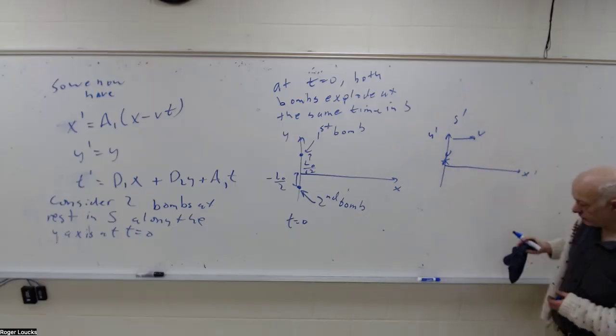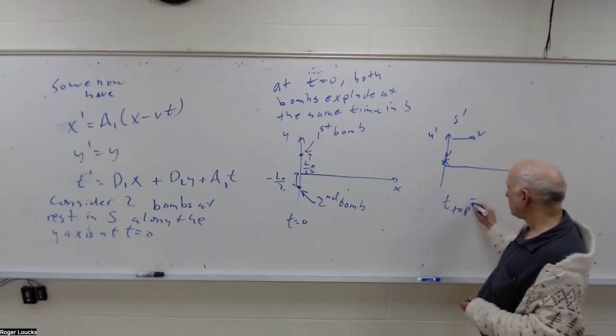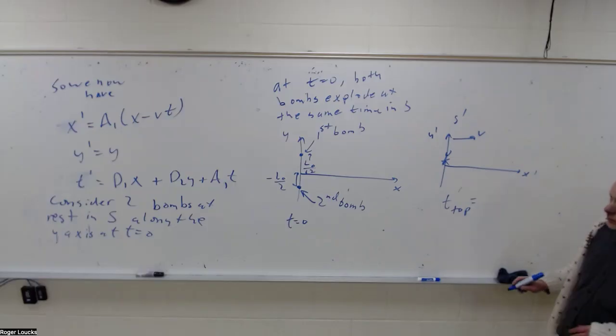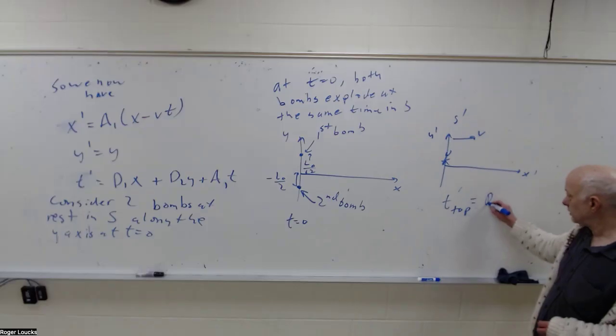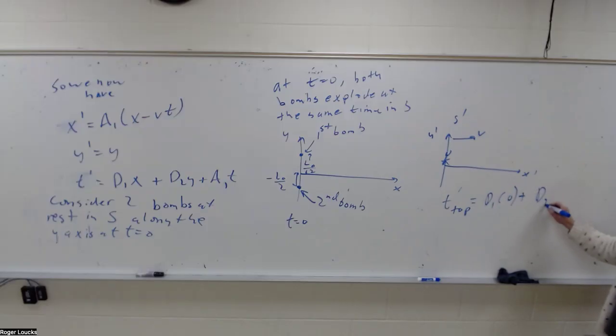Let's see what this person says. So let's look at the top bomb. What does this person say for the top bomb? This would have to be d1 times 0 plus d2 L naught over 2 plus 0, because we're taking t equal to 0.